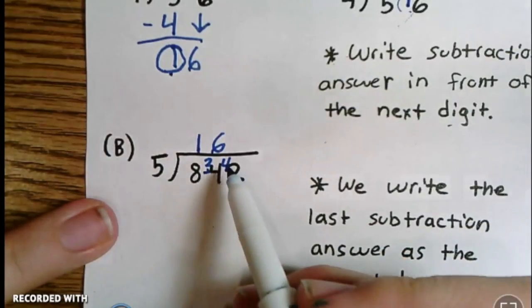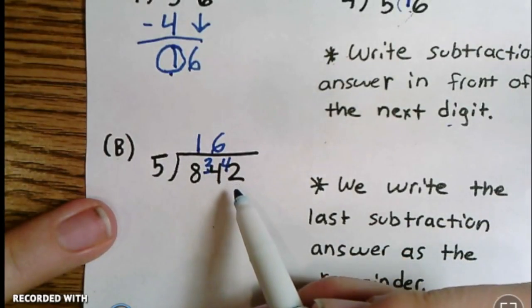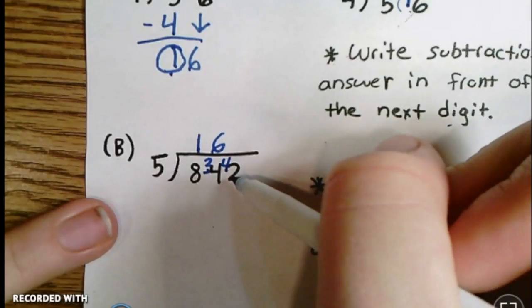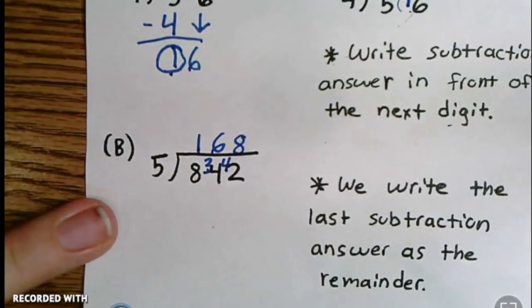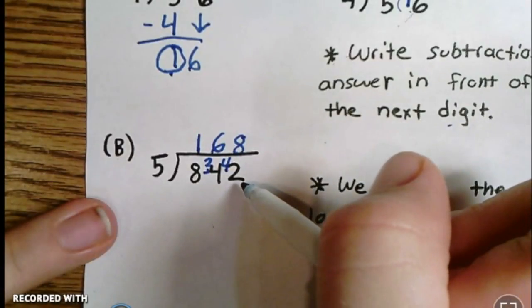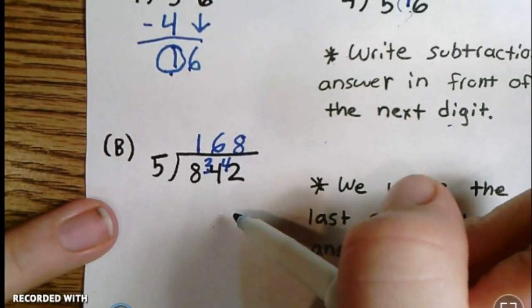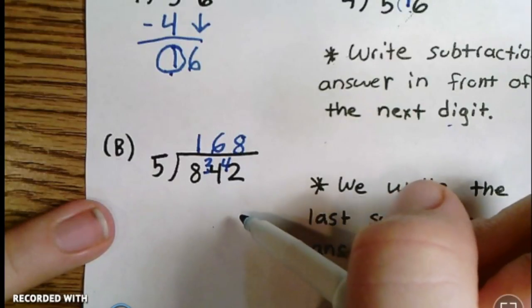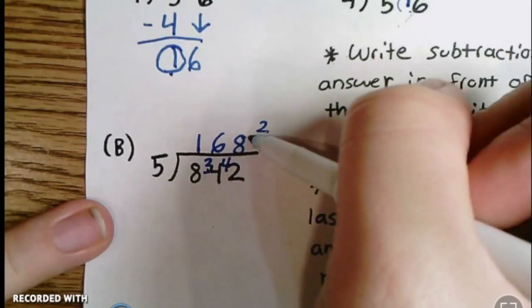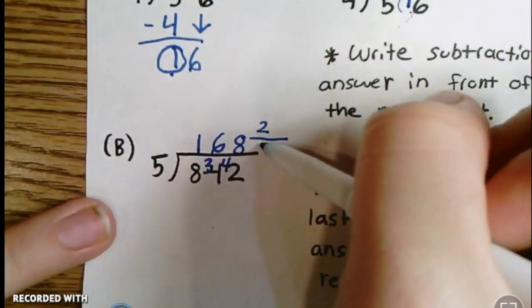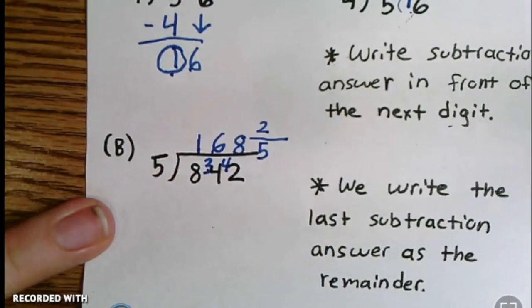So 5 goes into 42 how many times? Good, 8. 5 times 8 is 40. 42 minus 40 is 2. So I have a remainder of 2. And where I'm going to write my remainder is up here as my numerator, and I'm going to put it over the 5, my divisor.